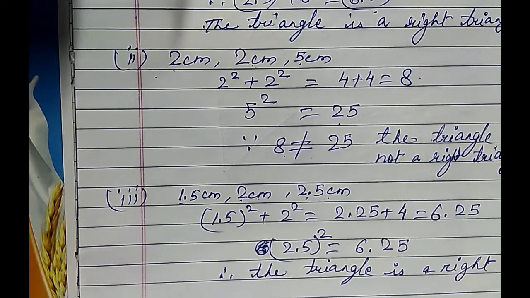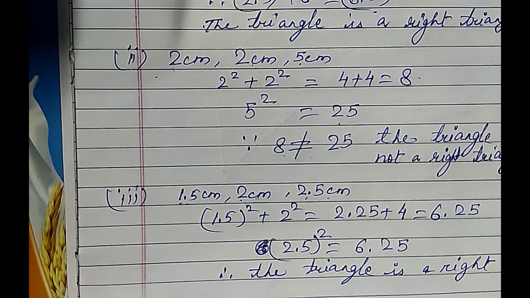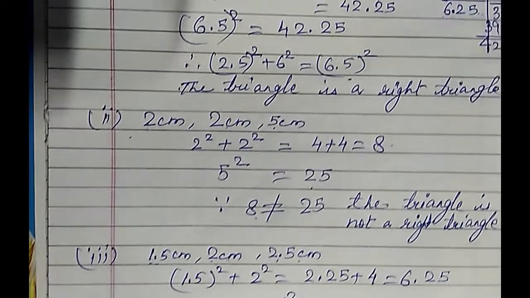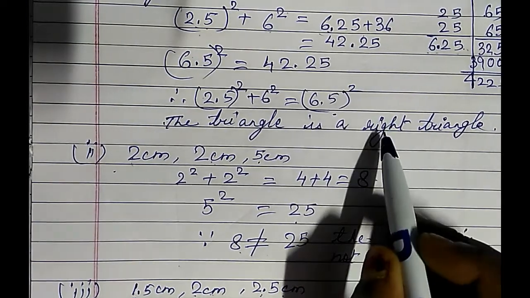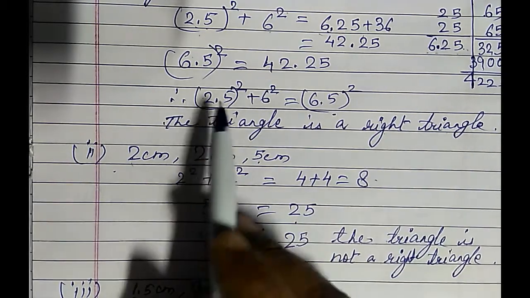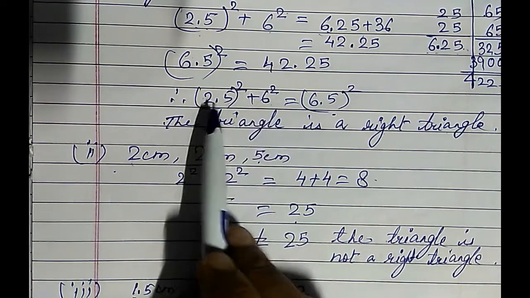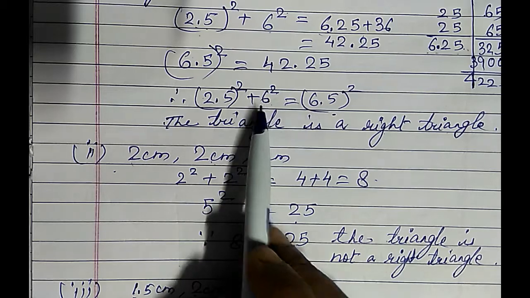The next part of the question was, in the case of right angle triangles, identify the right angles. So how to find out? So again we get back to the question number first. Since it is a right triangle, the right angle will be between the legs, that is 2.5 and 6.